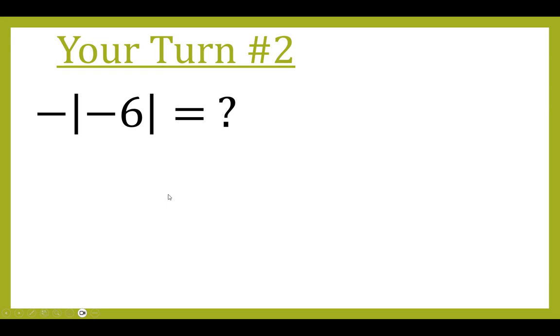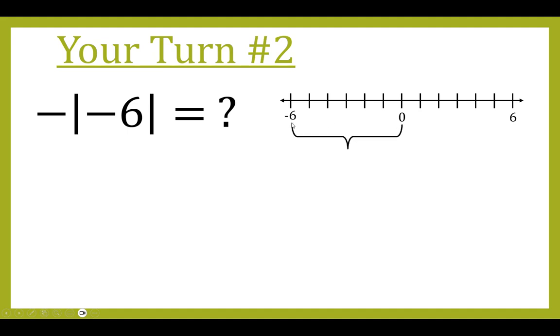Again, if you want to solve this problem, go ahead and pause it. So here I have negative absolute value of -6. So I'm going to look at the inside of the absolute value on a number line, and I'm looking at 0 to -6, the distance. Well, I know that's a distance of 6.